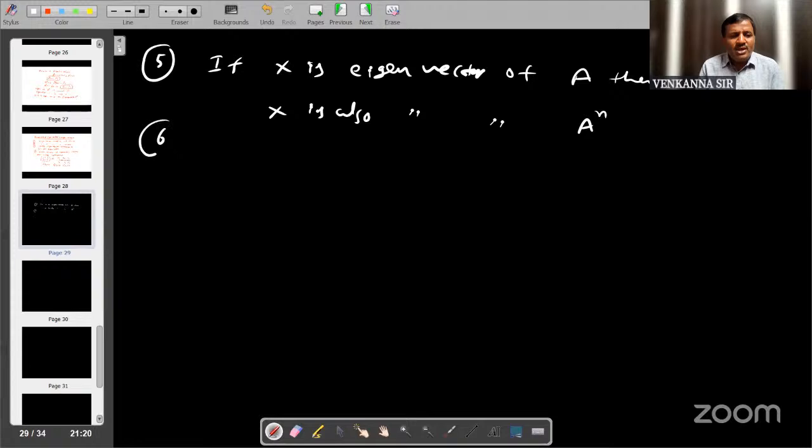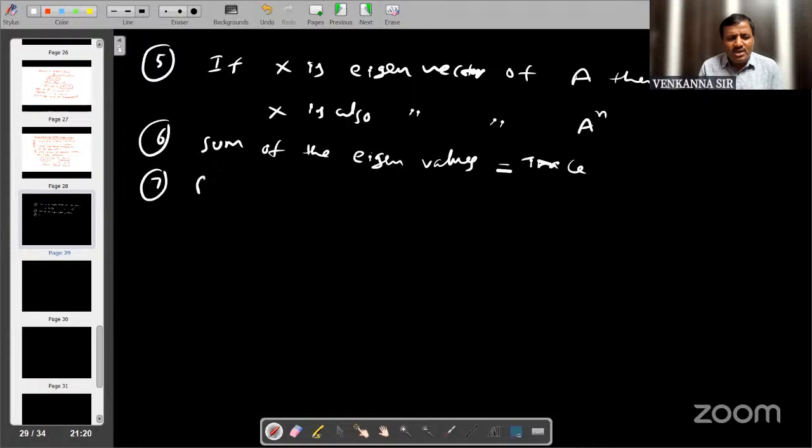Sixth property: sum of the eigenvalues is equal to the trace. There are so many GATE questions on this property, very important.